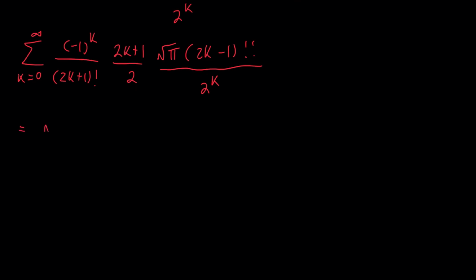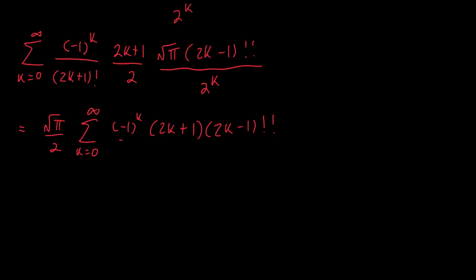So we could rewrite this as the square root of pi over 2, sum from 0 to infinity, negative 1 to the k, 2k plus 1, 2k minus 1 double factorial divided by 2k plus 1 factorial times 2 to the k.